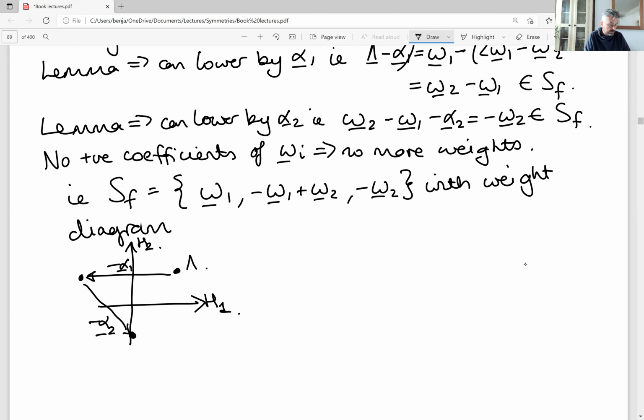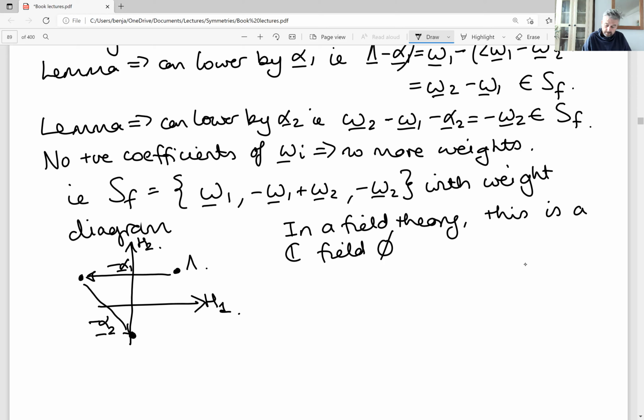So it's three-dimensional. In a field theory, we're going to use the representation space for the different fields. So this is a complex field, let's call it phi, with three components.